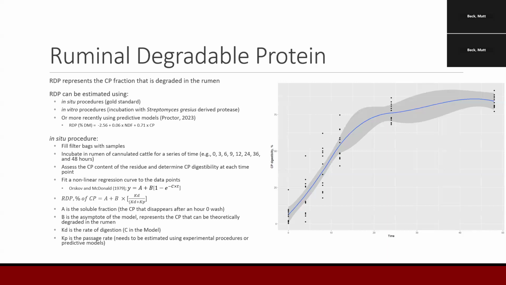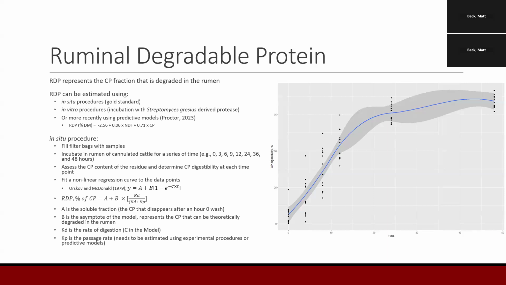We can calculate a B fraction, which is related to the asymptotic CP digestion. So who knows what the asymptote is? The maximum. The potential, right? Because it's never actually going to get there. So that represents the non-soluble fraction of crude protein that could potentially be digested in the rumen.